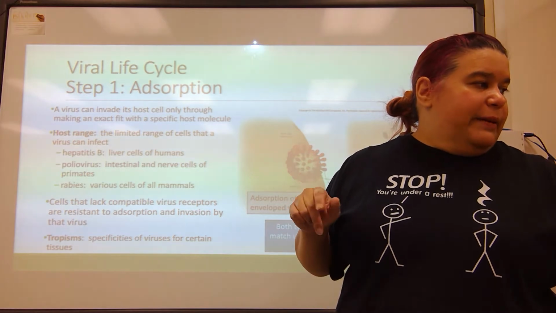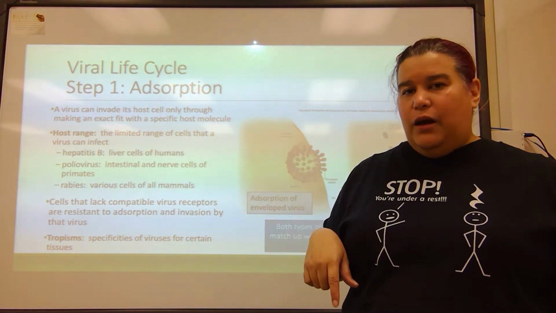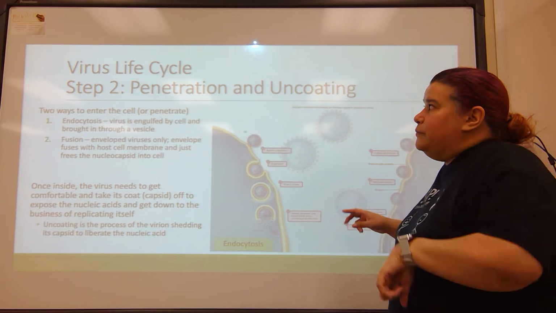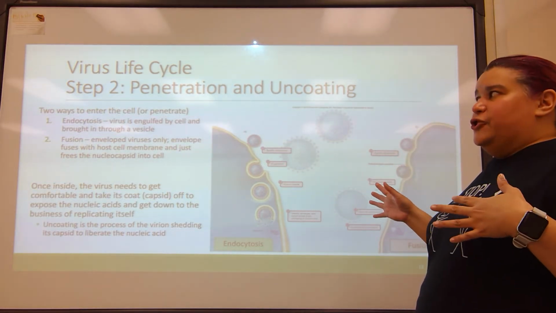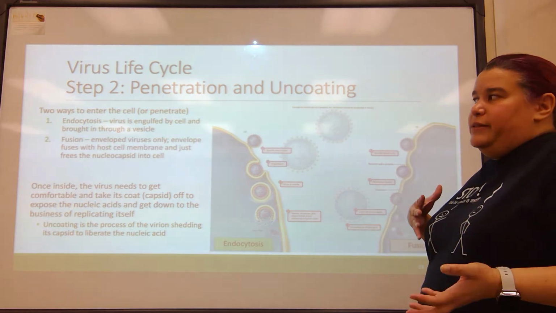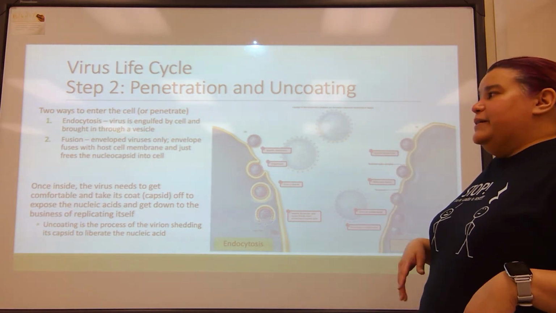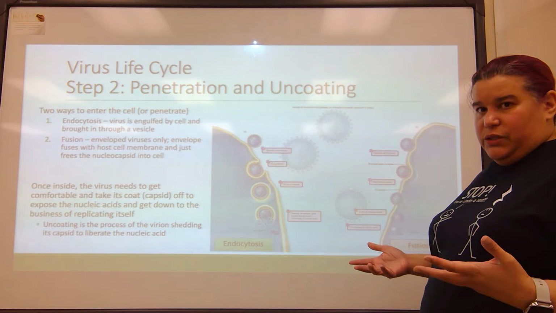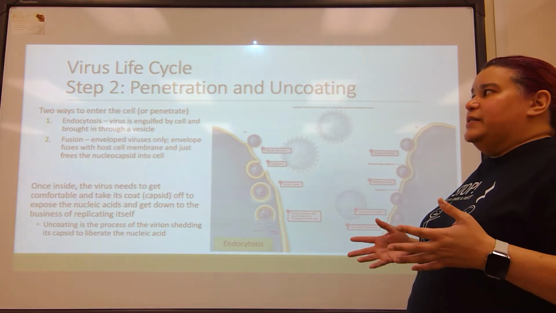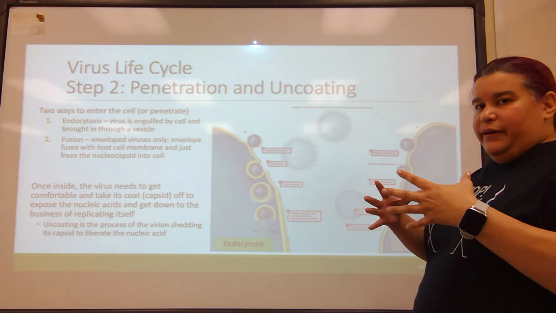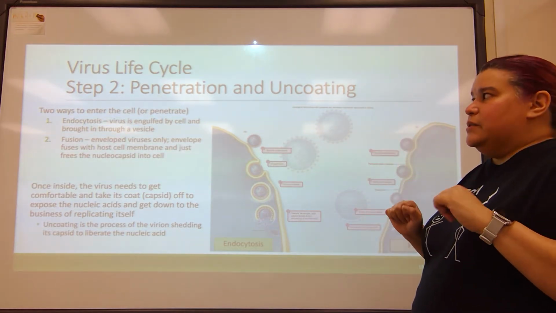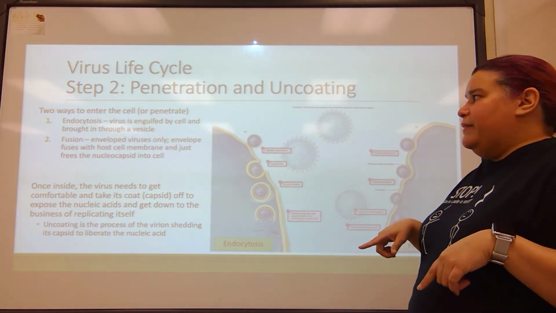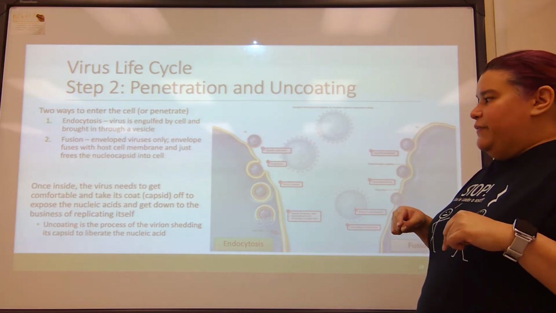So, step 2, penetration and uncoating. There are two ways that this virus can enter a cell or penetrate the cell. One of them is by the process of endocytosis. Endocytosis means that you are swallowing, okay? You're engulfing and swallowing that virus. So the virus is engulfed by the cell and it's brought in through a vesicle.